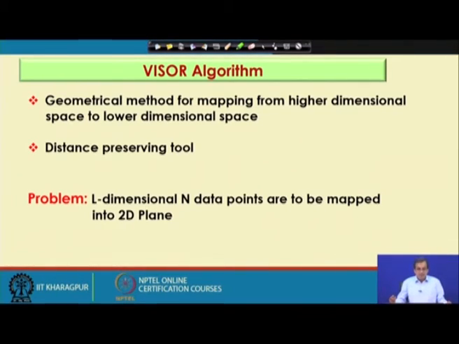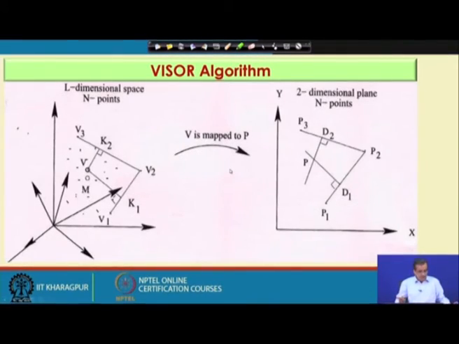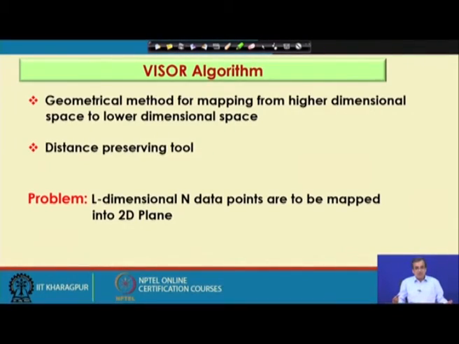The same problem we are going to tackle: we have got capital N number of data points, and we will have to do the mapping of these data points from higher dimension to lower dimension. Now, how to do it?